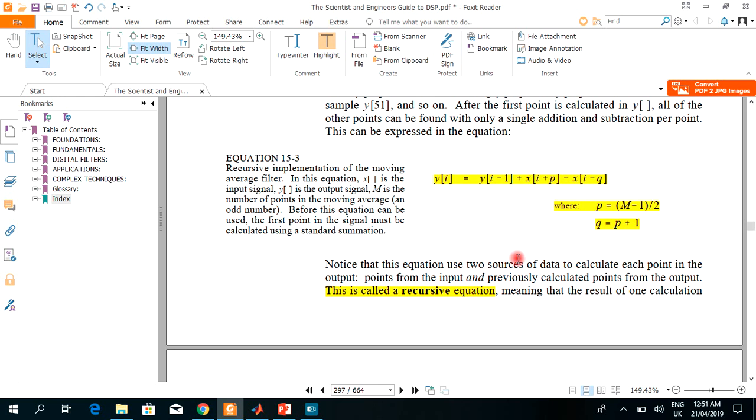There is a note. Notice that this equation has two sources of data: the previous outputs and the inputs. Previously calculated points from the output and points from the input.